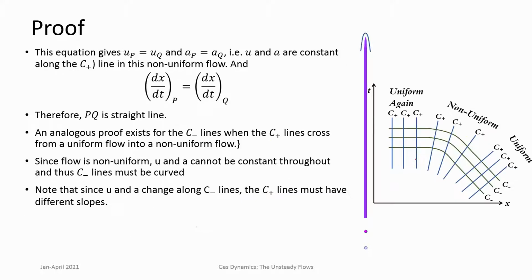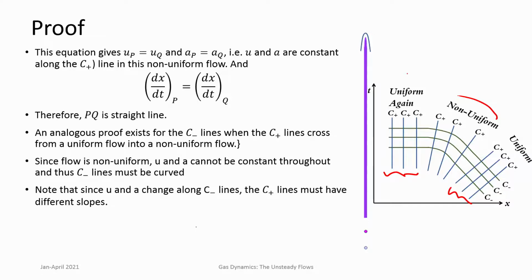So this is the picture that comes out, that you have a region of uniform flow, another region of uniform flow, and in between if you have a non-uniform flow, then one set of characteristics are straight lines, the others are curved. So keep this idea in mind, because this is important when we now look at the shock tube in whole, where region 3 and region 4 are uniform regions which bound.